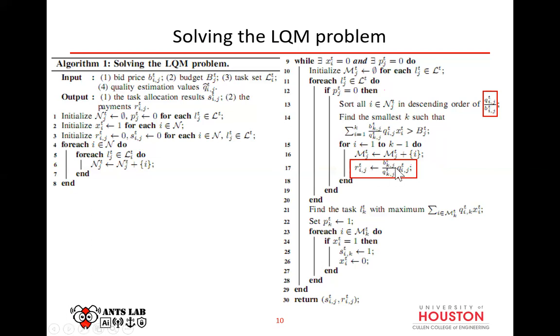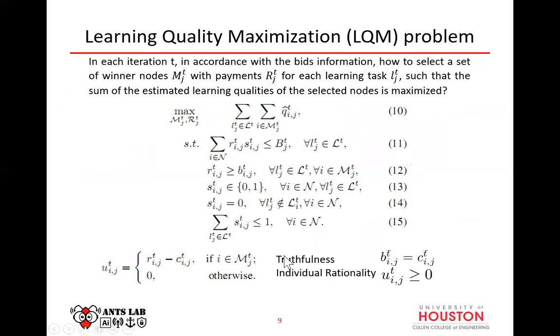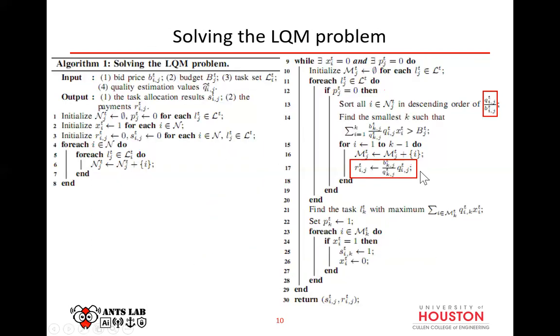And the given reward depends on the maximum bid among the winner nodes. This can guarantee these two constraints. Finally, the algorithm finds the task with maximum quality and allocates the task to the obtained winner nodes.